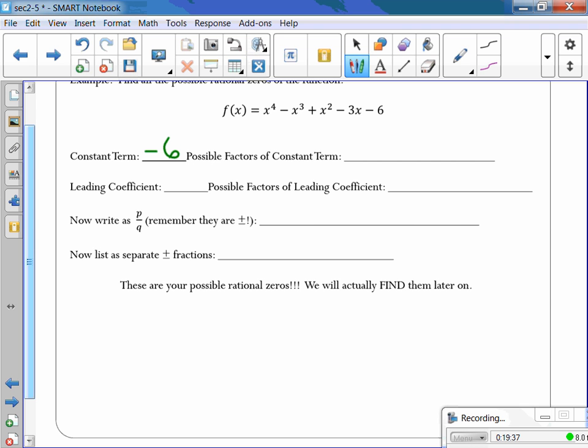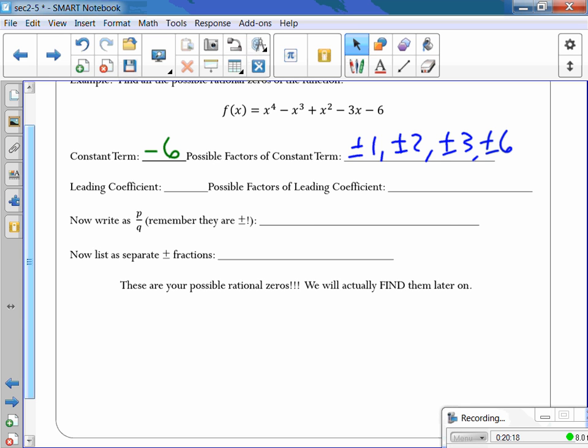So what times what gives me -6? 6 and 1, 3 and 2, positive, negative. I can have +6, -1, -6, +1, +3, -2, -3, +2. So all those possibilities for the constant term factors: ±1, ±2, ±3, ±6.